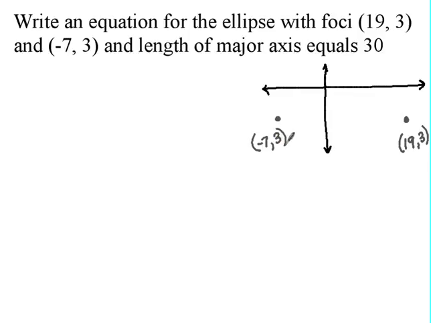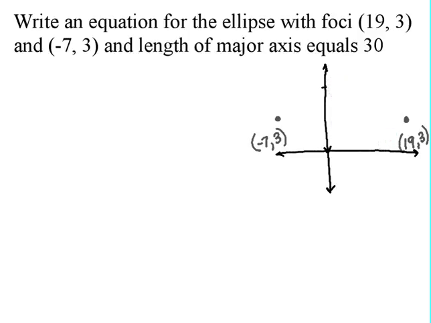So what's the very first thing I do? Find the center. Should I go up? Oh, okay. Yep, you're right. So really what this should be, let's change that. There, that better? Okay, so (19, 3) and (-7, 3).